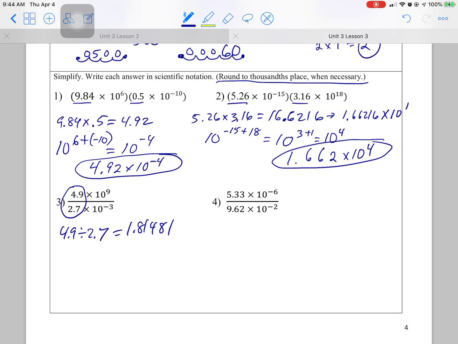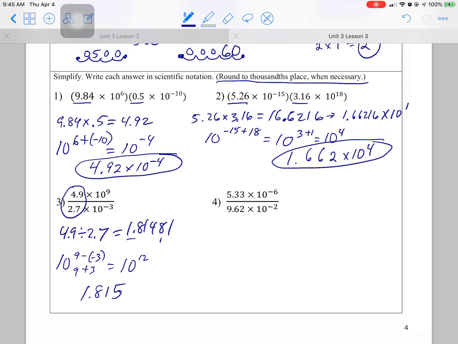And then I have 10 to, and there's 1 digit, so I don't need to do anything else. 10 minus a minus 3 is 10 to the plus 3, which is 12. So this is 1.815, rounded to the thousandths place.